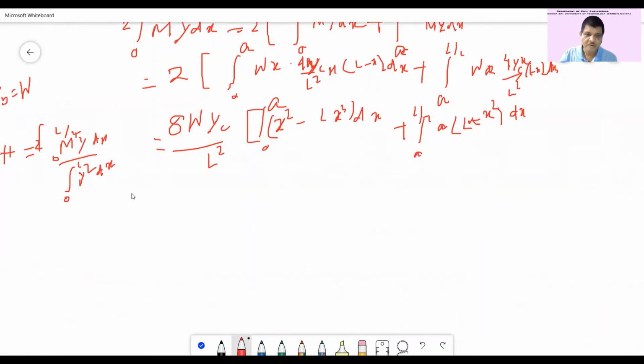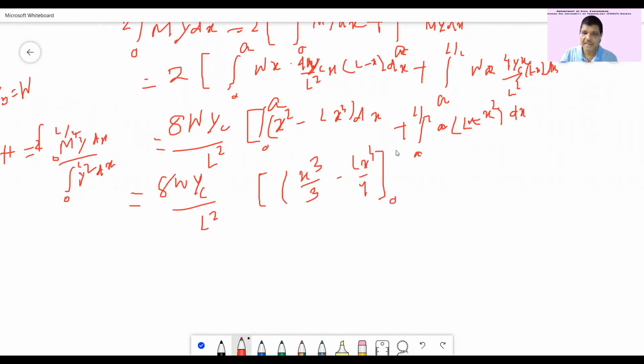It will be 8 W yc by L square into x cube by 3 minus L x to the 4 by 4, varying from 0 to a.